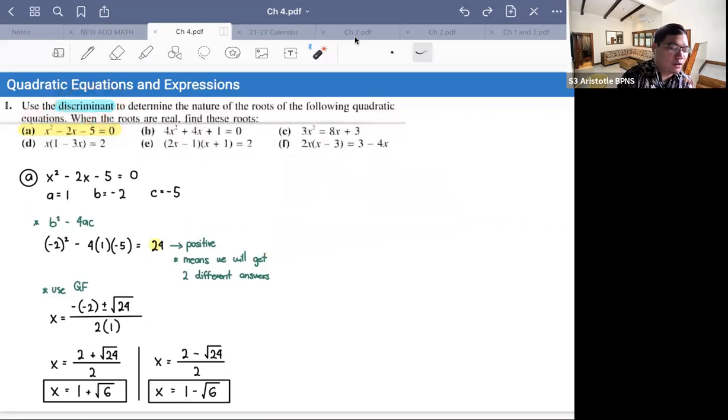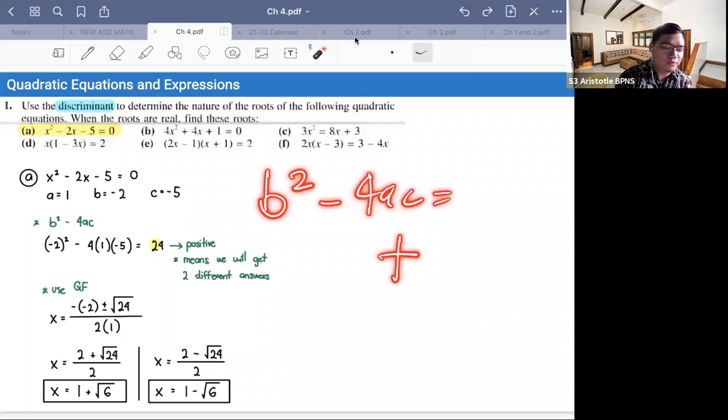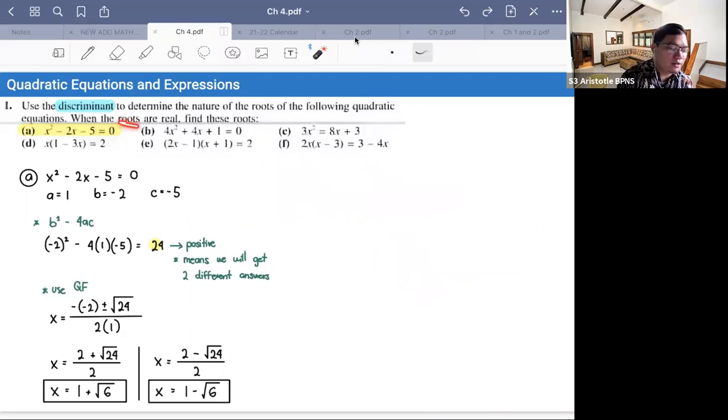And then again, when you determine the nature of the roots, you find out if the answer of your discriminant is equal to a positive, 0, or a negative. All right, that's the nature. Positive, 0, or negative. Now, if your answers are real, which is either positive or equal to 0, that means you need to find the roots of the equation.